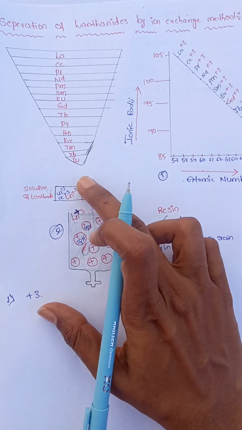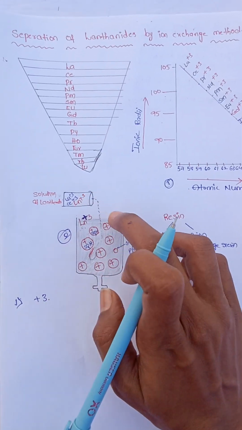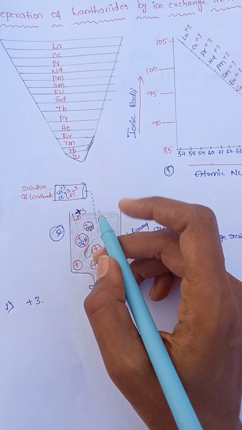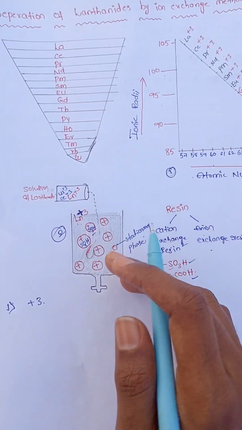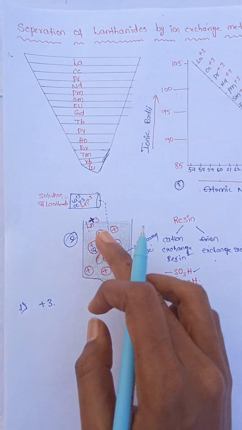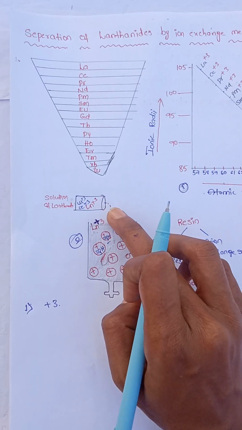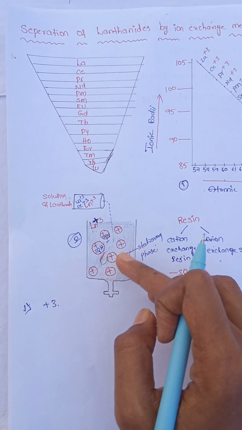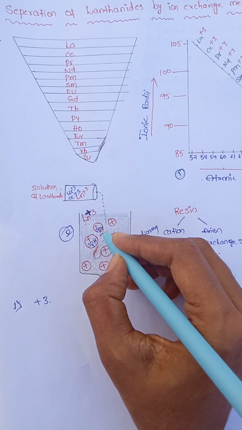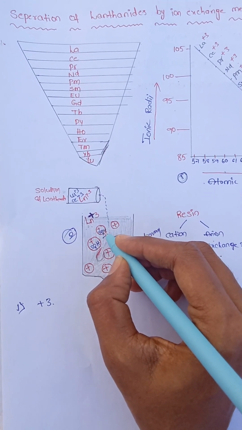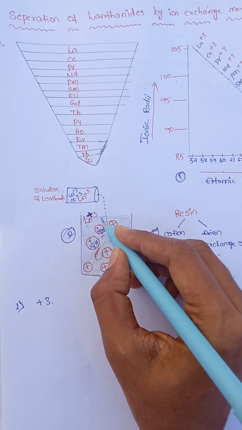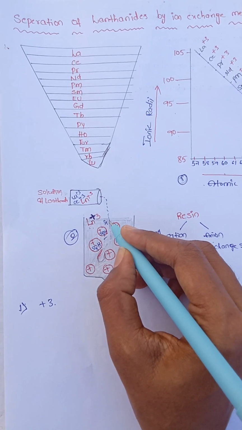This is the lanthanum solution, and this is the resin we take in the stationary phase, SO3H or COOH. When we pour the lanthanum solution into the stationary phase, SO3H which we took divides into SO3 minus and H plus.